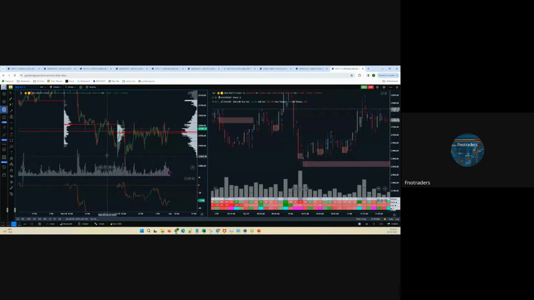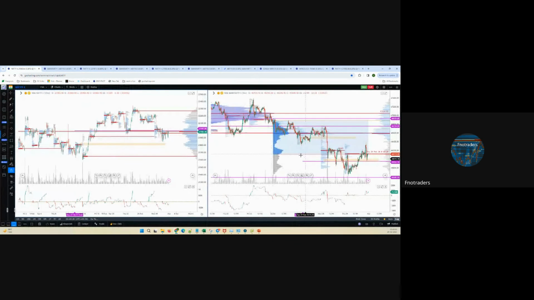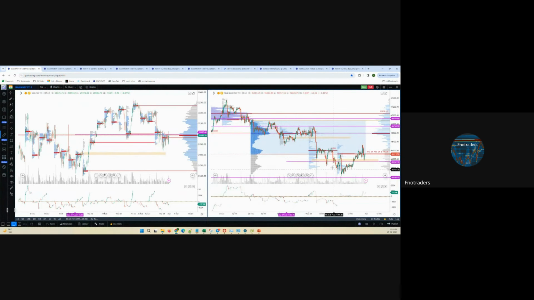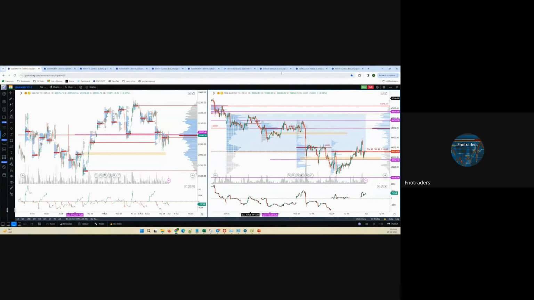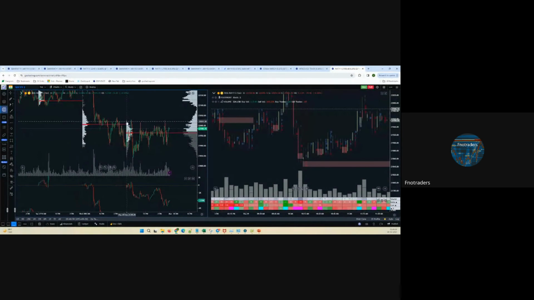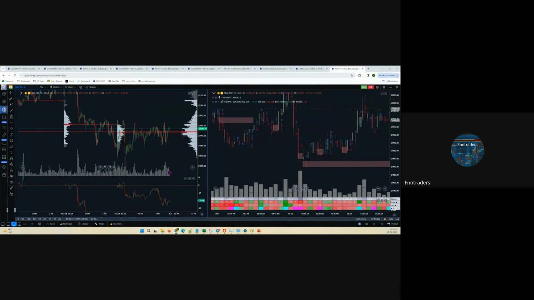Because of the late move down in Bank Nifty in the last half an hour, 45 minutes, a lot of late shorting happened at that level, so the settlement is at a much lower price. Generally, futures trade at a premium to spot. So when it's at a discount, it means there are too many shorts in the system. So the idea was that today, if it opens up, there will be some pullback before a short happens.